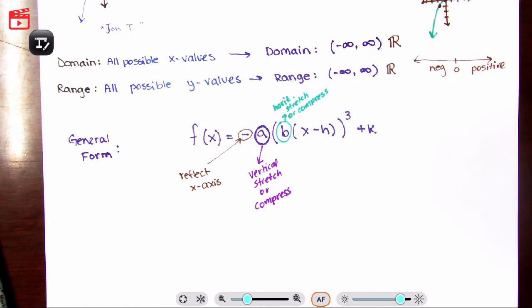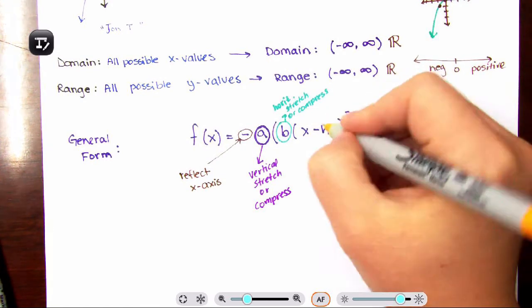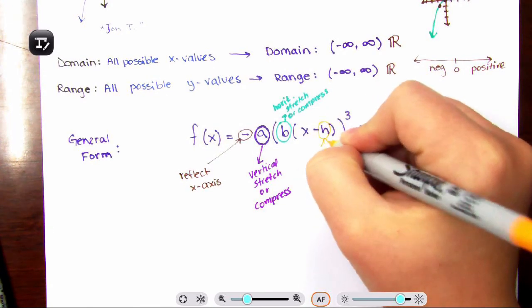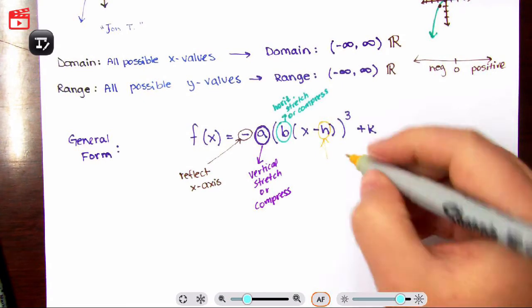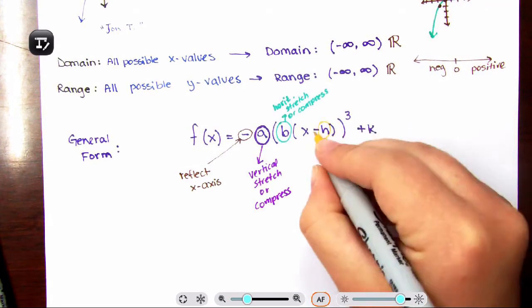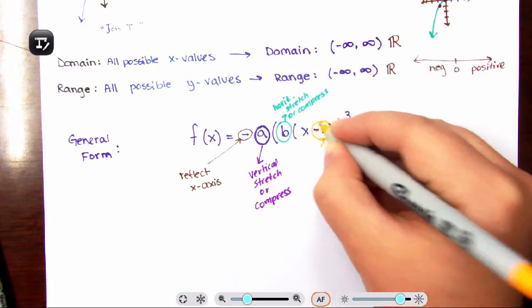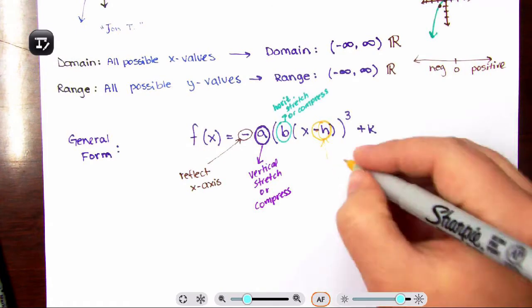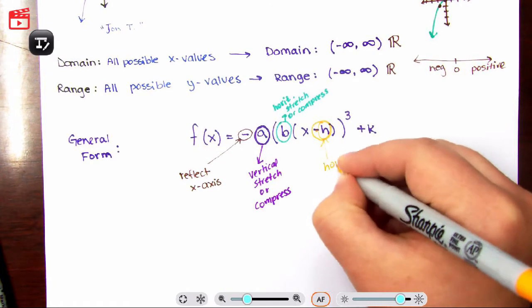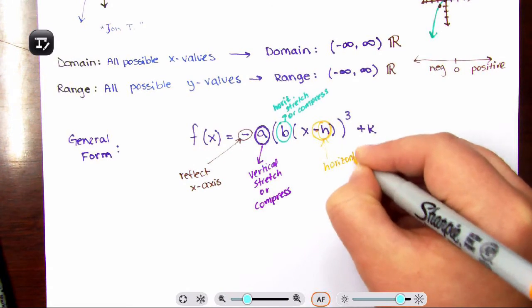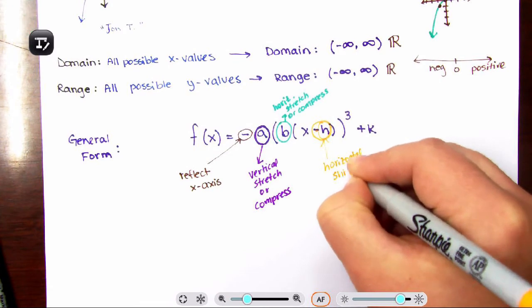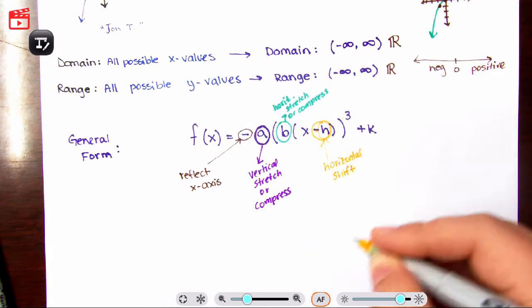Same thing for the inside bubble with negative h. Always do whatever's the opposite of h. So if h is negative, that means you're going to the right. If you see this negative sign, you're going to the left or to the right. So this is horizontal shift, depending on left or right.